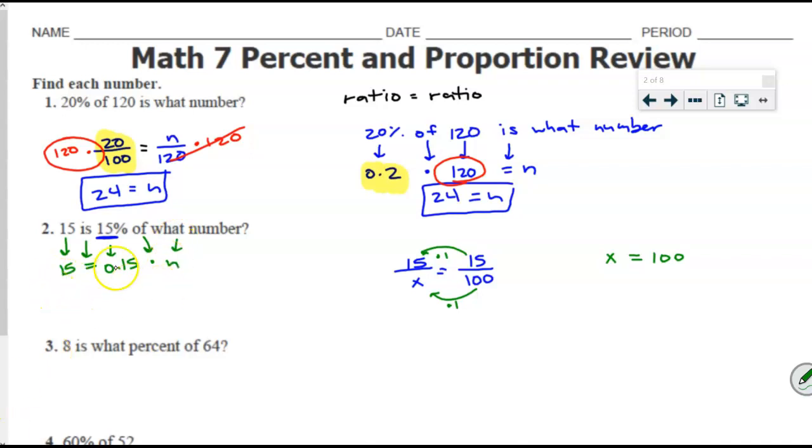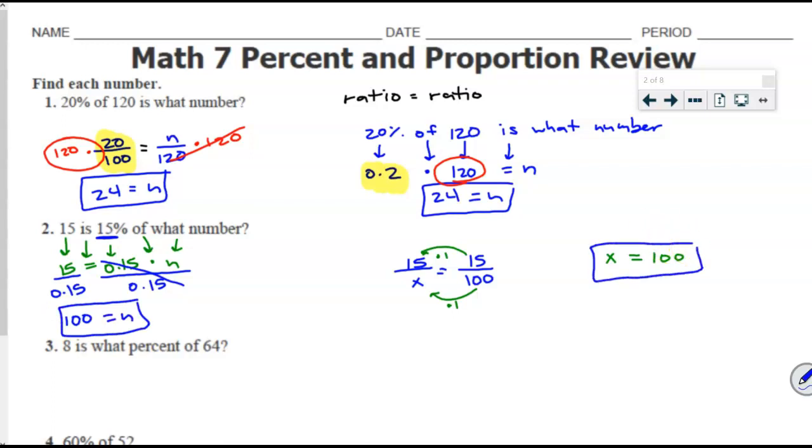So I've set up this equation just doing kind of a direct translation, and then I can see n is being multiplied by 0.15. So I would undo that by dividing each side by 0.15. And when I type that into my calculator, 15 divided by 0.15, I end up with 100 is equal to n. So again, two ways that we can do these types of problems. It just depends on which way you prefer and how you can interpret these problems.